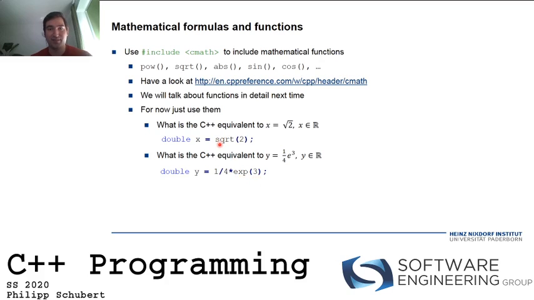And pardon me, here this would be a call to the square root function. And you give it as a parameter the value from which you wish to compute the square root. And here that would mean e to the power of 3.